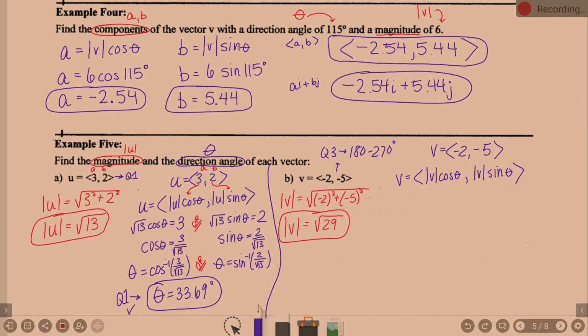You can pick to work one, that's fine. I think I might pick both here, I don't remember how they both come out. Okay, pick one and work one. So I can either say square root of 29 cosine theta is equal to negative 2. If that's the case, then what?